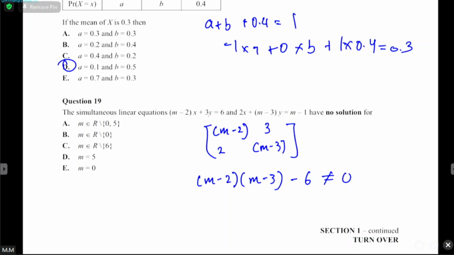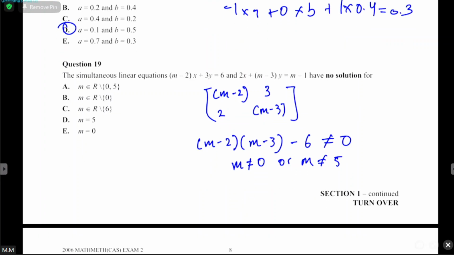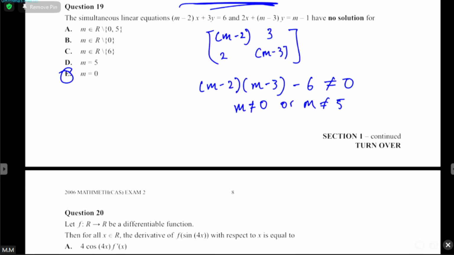Then you get m is not equal to 0, or m is not equal to 5 for unique solutions. For no solutions, you just sub back in these m values to these here, and you get m is equal to 0 for no solutions.